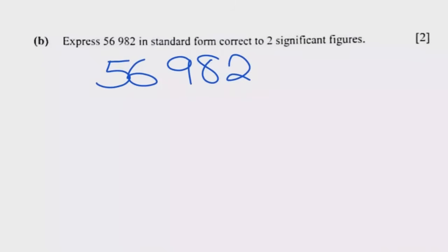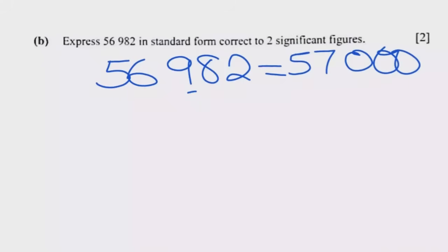So first we can round off to the nearest 1,000. Since 9 is bigger than 5, we add 1 to 6. So we have 57, then where there is 9, 8 and 2, we put zeros so that it becomes 57,000.